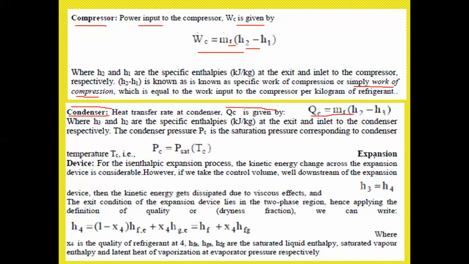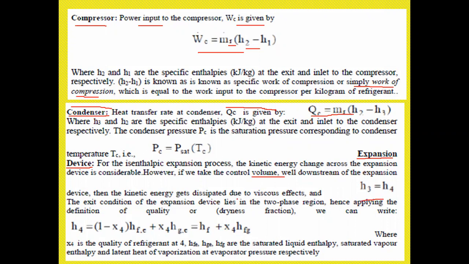Now the fourth one is the expansion device. The fourth component is the expansion device. Here, for the isenthalpic expansion device, the kinetic energy is dissipated. Therefore, at the control volume, downstream of the expansion, H3 is equal to H4.